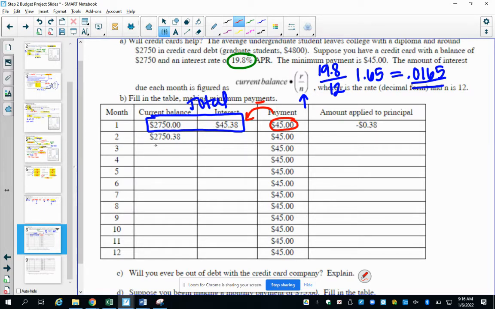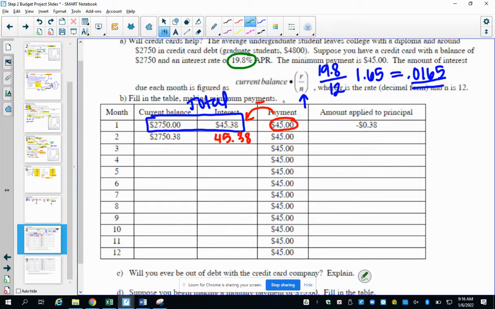Next month you now owe $2,750.38. So calculate the interest for that: $2,750.38 times 0.0165. Now your interest amount this month, again, is $45.38.